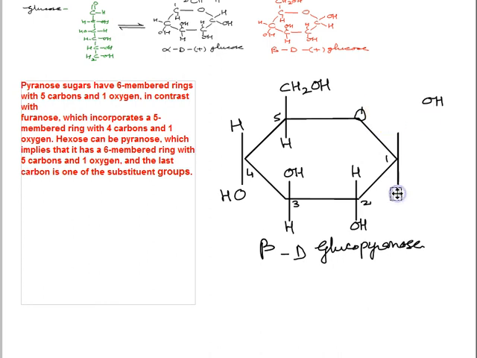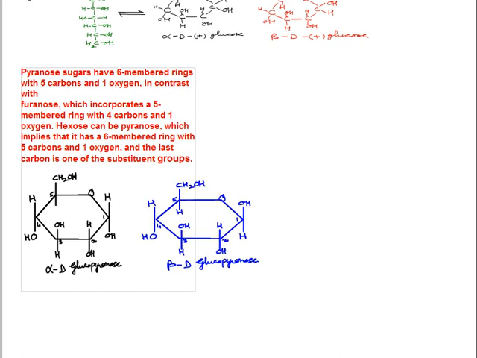So H comes here, and OH comes here. So this is what you call beta D glucopyranose. As I keep telling you, you may pause this video and note down these structures for your benefit. So you may like to draw both these structures, alpha D glucopyranose or glucose, and beta D glucopyranose form carefully.